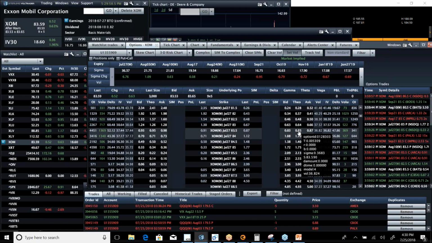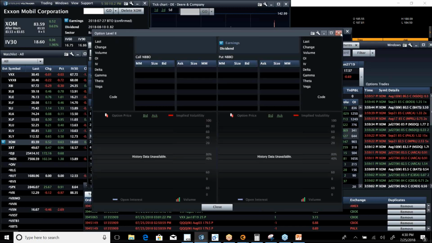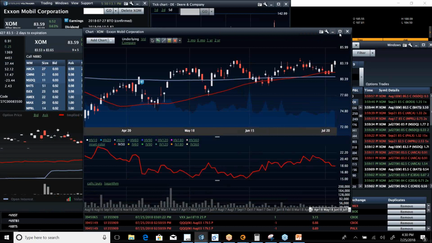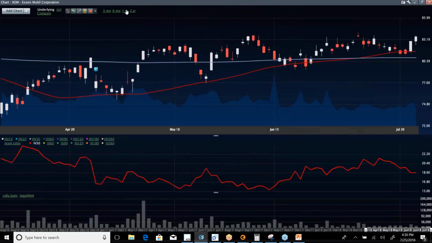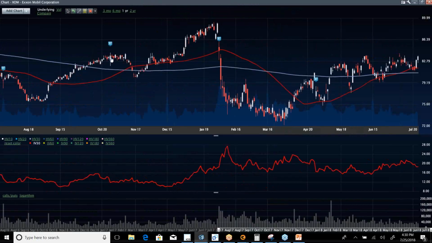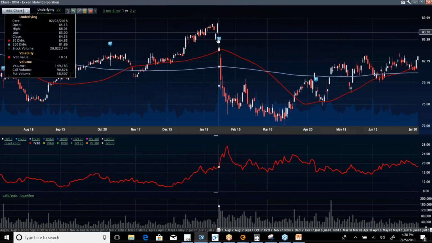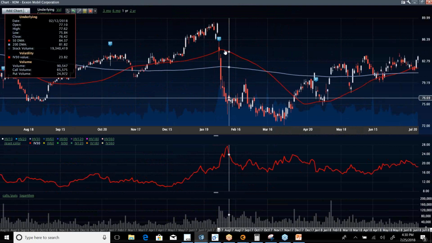Let's see what that looks like. $1.70 divided by 83.5. A 2% move. This one will make some real moves. I mean, it's had a couple of snoozers. This is not one to sleep on, folks.